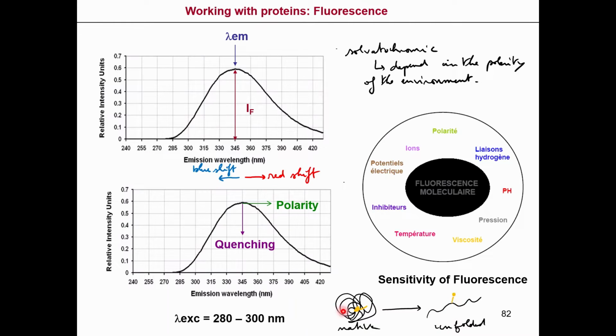It means that the environment of the tryptophan becomes more polar, because you know that water is a polar solvent. Okay, so you will observe a red shift in the emission spectra when you increase the temperature, when you go from the native protein to the unfolded protein.